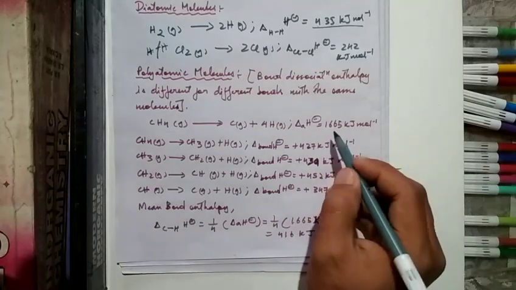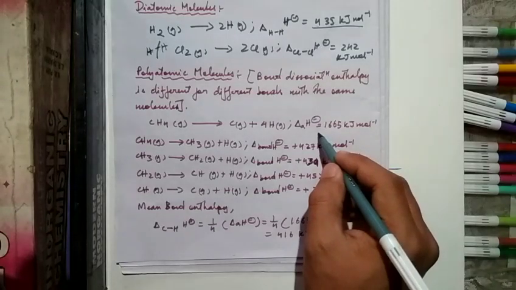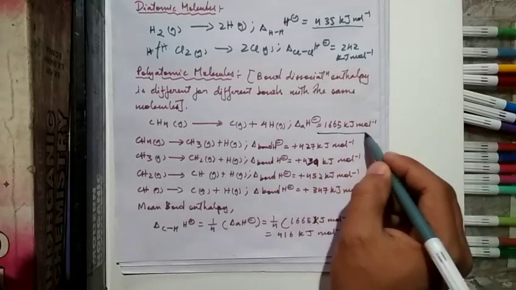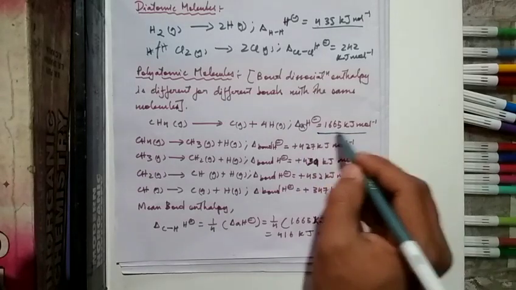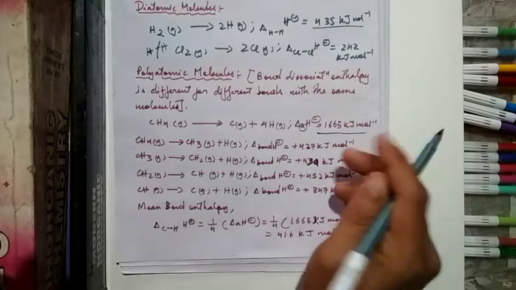So the overall bond dissociation, or atomization, this A means atomization, is 1665 kilojoule per mole.